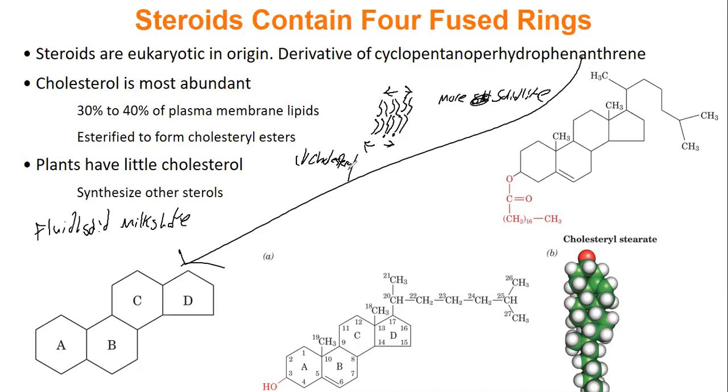They don't have as much forcing them together. For us, we form cholesterol esters. So we give them a little baby polar head group, to allow them to be in the plasma membrane. Plants don't really have cholesterol. That's more of an animal thing. They have other steroids though.